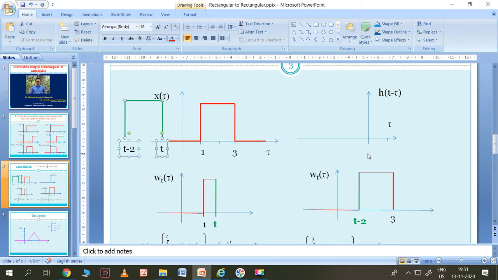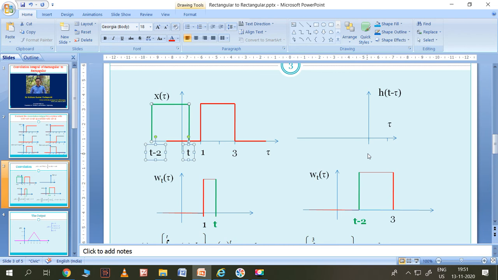If I like to combine both the signals, this is at this part, and I want to move this towards the red color one like this to get the overlap. Because I want to multiply these two things, because now I have x of tau and h of t minus tau. Now I would like to identify the product of x of tau and h of t minus tau.